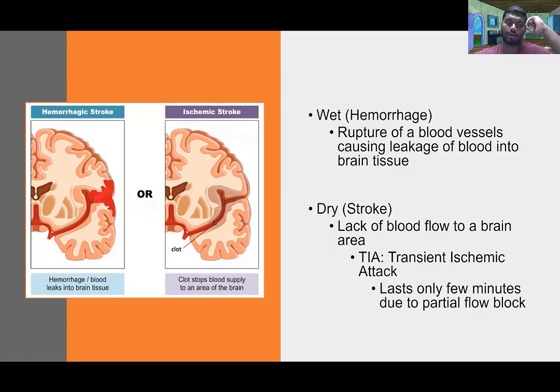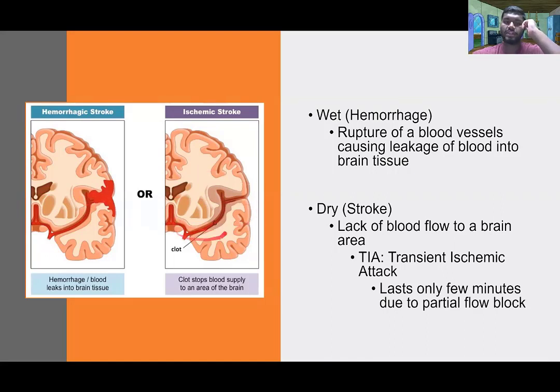It can actually cause a tonsillar herniation, where all this pressure has to go somewhere. So it's going to go down the only hole that's big enough, near your foramen magnum at the base of your skull. Your entire brain is going to be pushed through this tiny little hole, and that will cause catastrophic brain death, cellular death, and ultimately global brain death. So very important. This is not good at all.